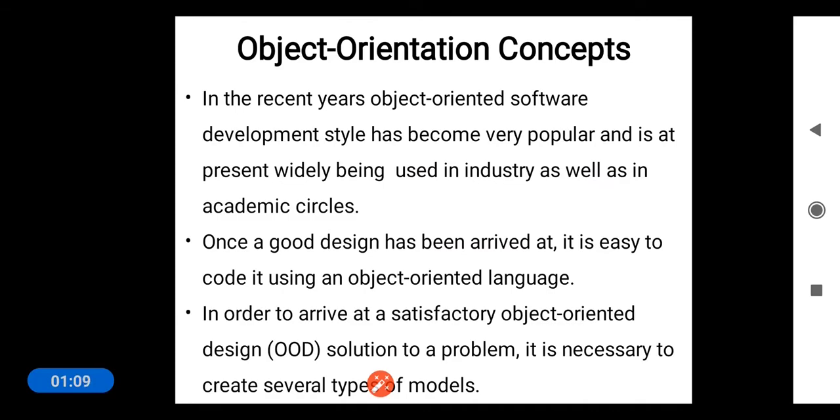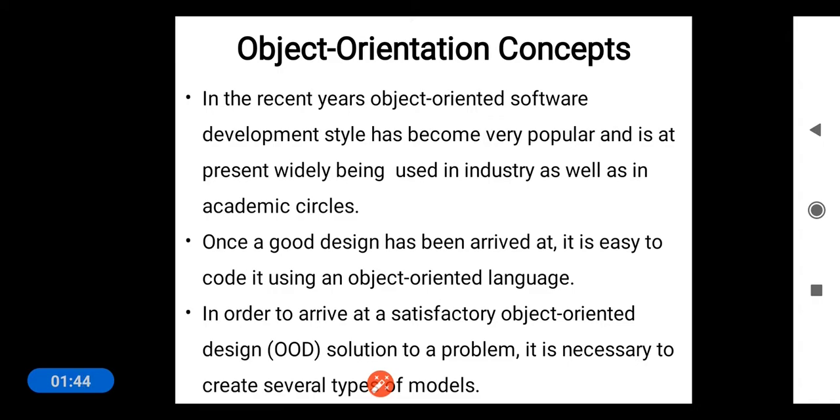So generally, in recent years, the object oriented software development style has become very popular and is at present widely used in industries as well as in academic circles. The main reason for the popularity of object oriented programming languages or object oriented concepts is the levels of abstraction they provide, because of which understandability improves, and the designers are able to generate good designs.